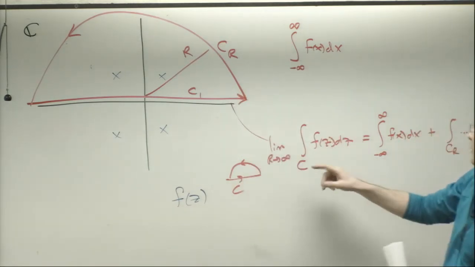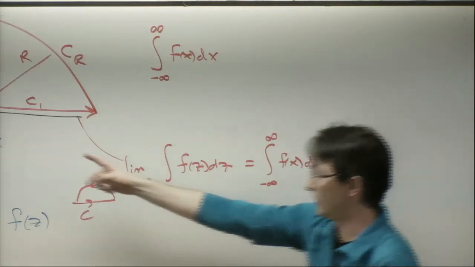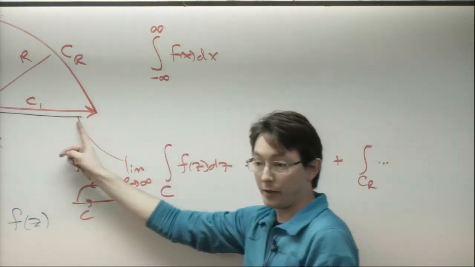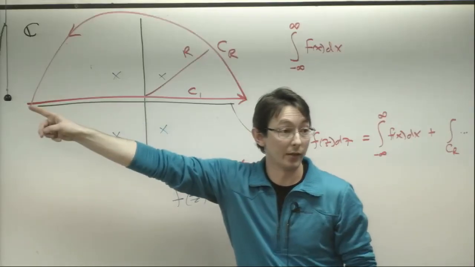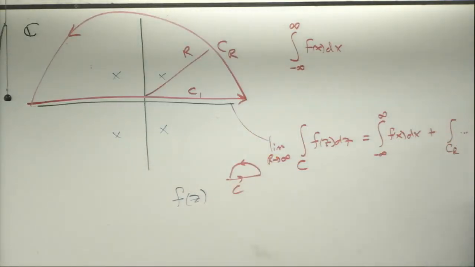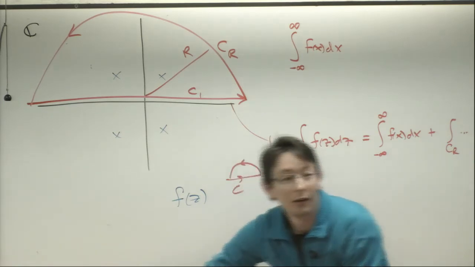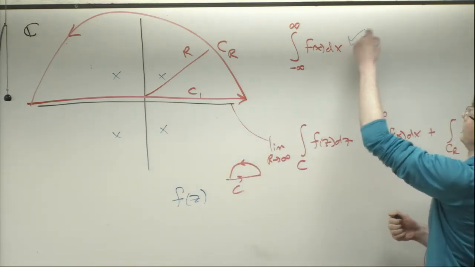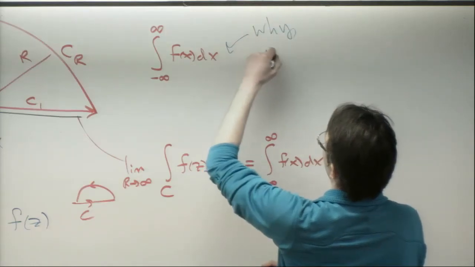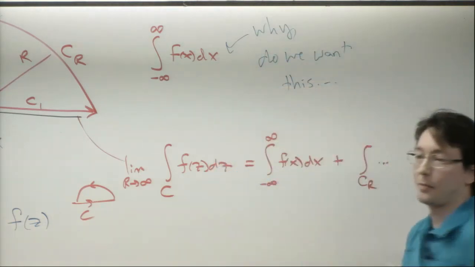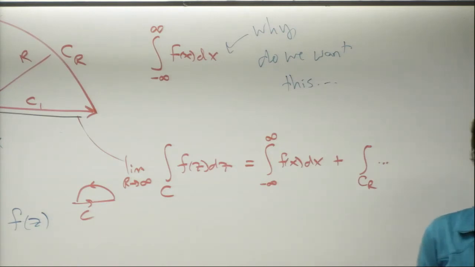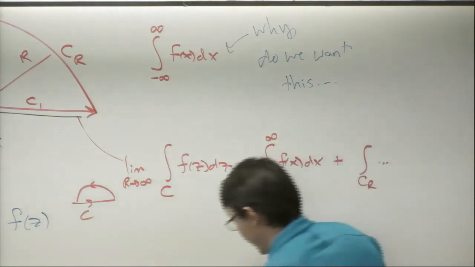And as I do that, I can break this contour up into the part I want, which is a real valued integral along the x-axis, plus this integral around this really big circle R. Okay? Now, I just took your question of why we're doing this, and I pushed it to another question. Why does my boss want this? But just take my word for now that we actually do want to solve integrals occasionally, and sometimes they're nasty.